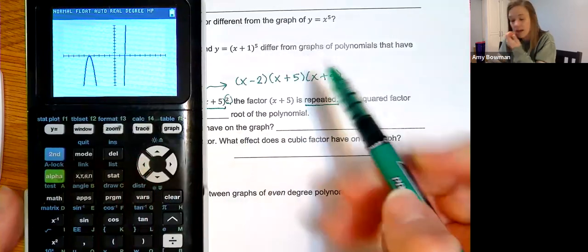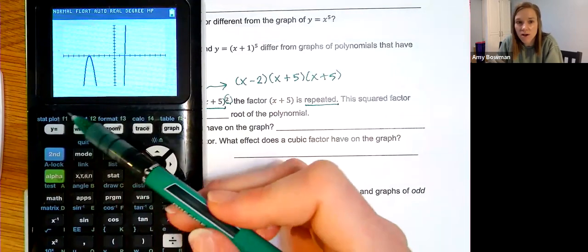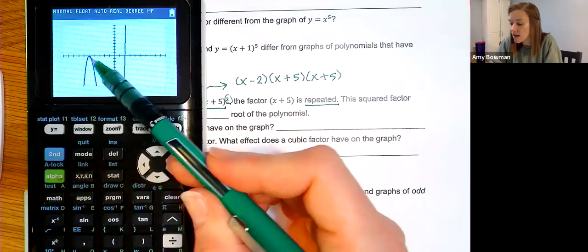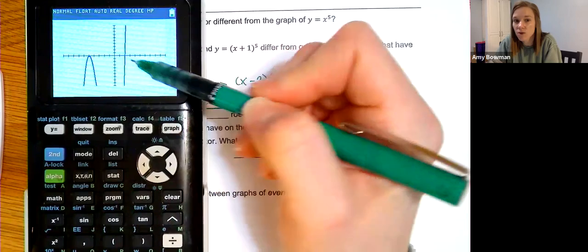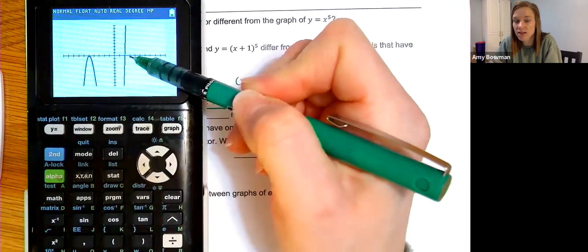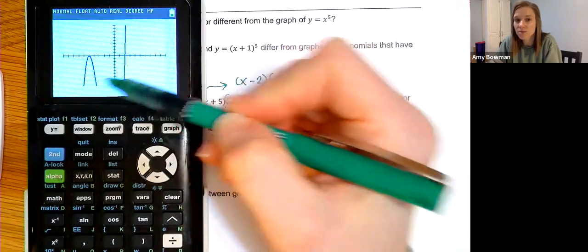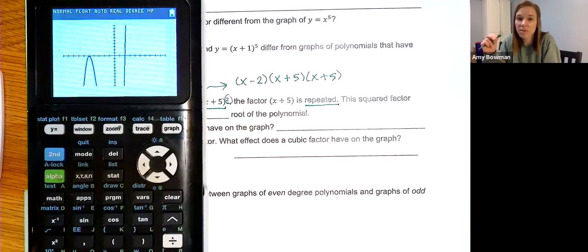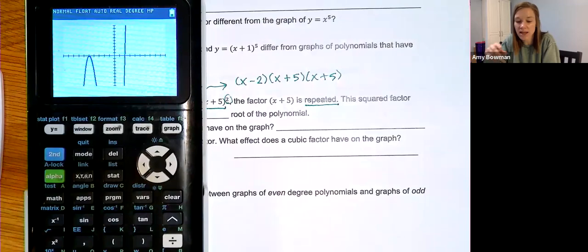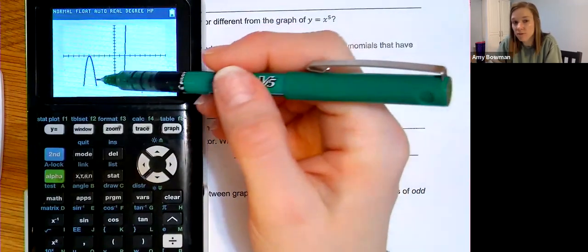So what effect does that squared have on the graph? And that effect is that it's bouncing off of the graph right there. It's not crossing through it like it does here at 2. Instead, those double roots always behave like a parabola would, which should make sense when we think about parabolas. It's x plus or minus something squared in the graphing form.